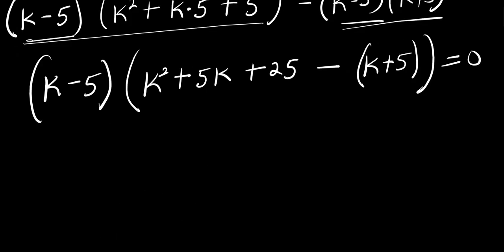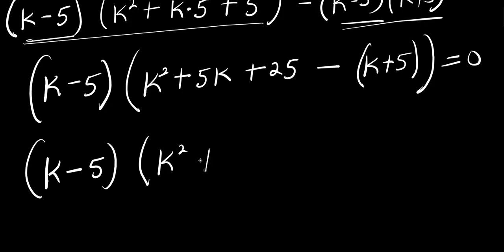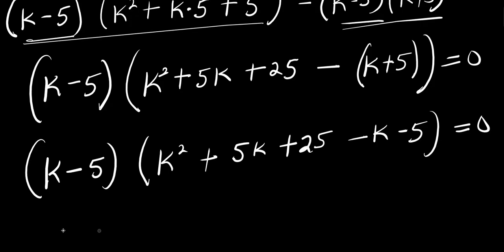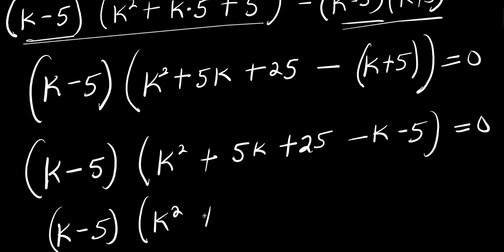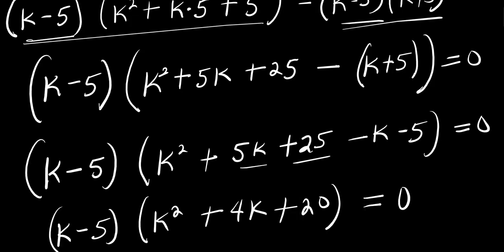So from here, we have k minus 5 times k squared plus 5k plus 25 minus k minus 5 equals 0. K minus 5 times k squared plus 5k minus k, which is 4k, plus 25 minus 5, which is 20, equals 0.